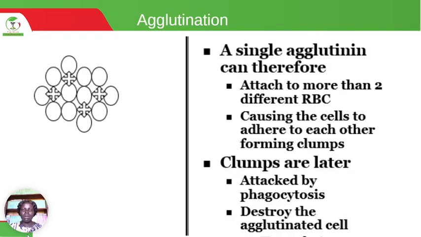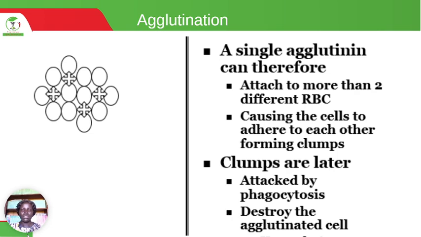So a single agglutinin can attach to more than two different red blood cells, causing the cells to adhere to each other, forming clumps. Clumps are later attacked by phagocytosis and destroyed, and as a result the red blood cells are also destroyed. That is the worst part of it.